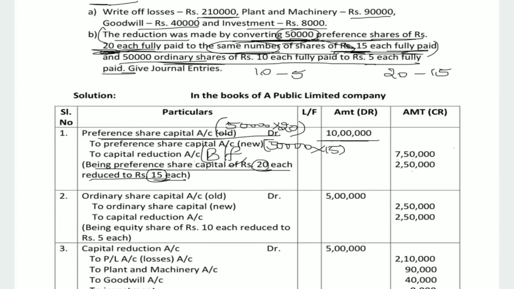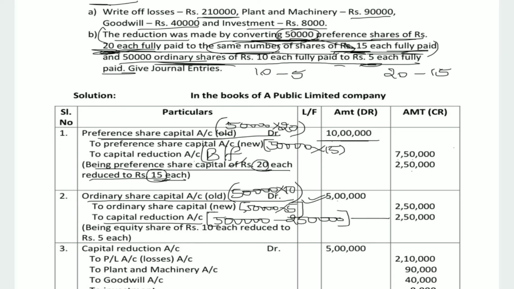So the entry will be ordinary share capital account debit, that is 50,000 into 10, 5 lakh, to ordinary share capital account, that is 50,000 into 5, 2,50,000, and the remaining balance, the difference between these two values, will be transferred to capital reduction account, that is 5 lakh minus 2,50,000.